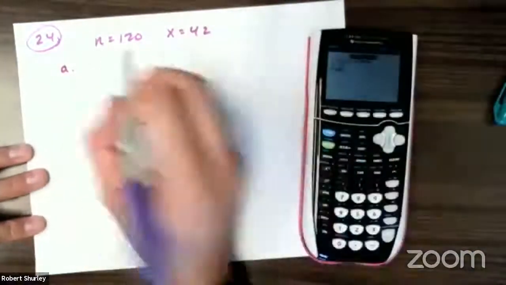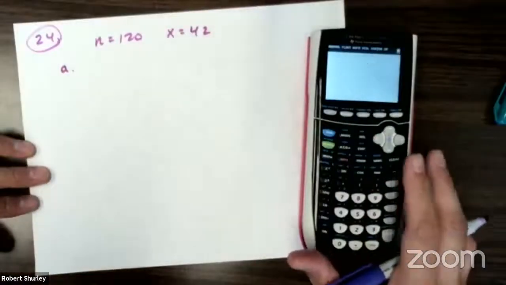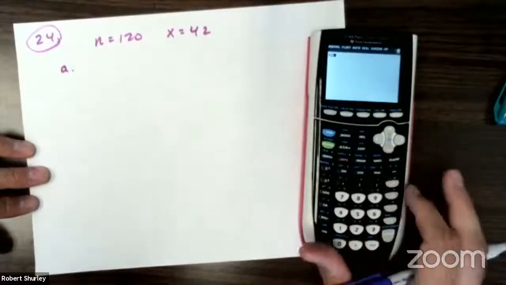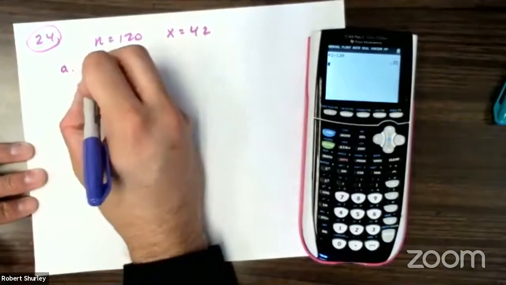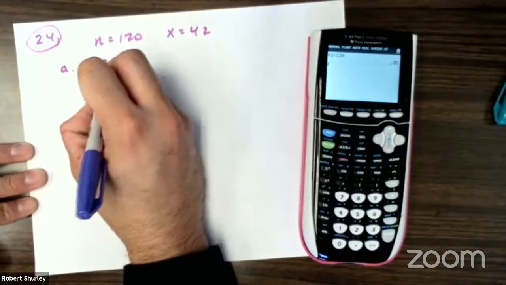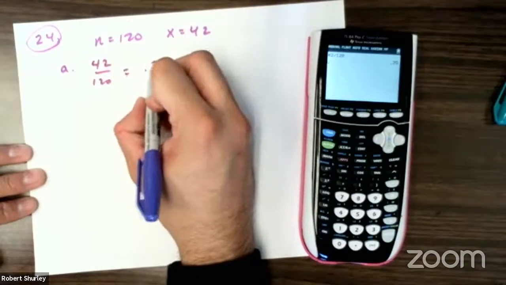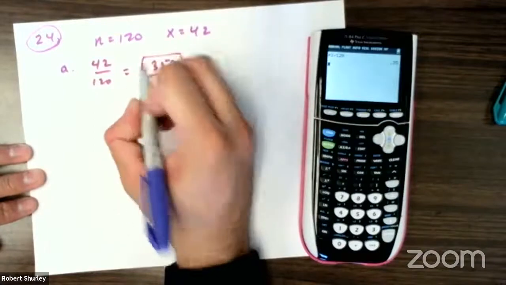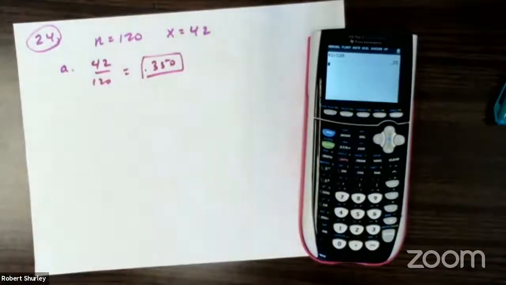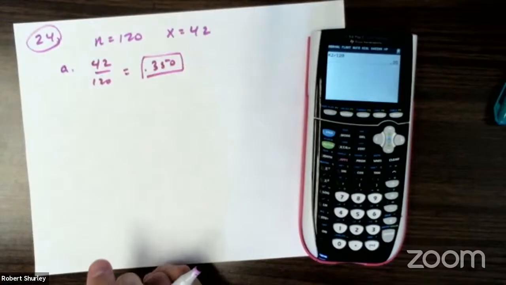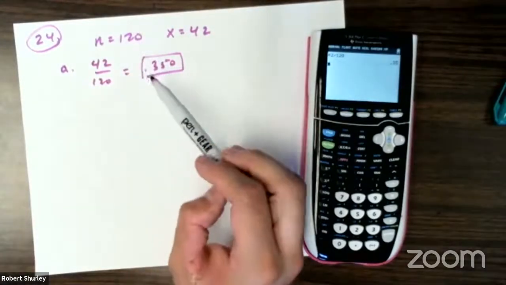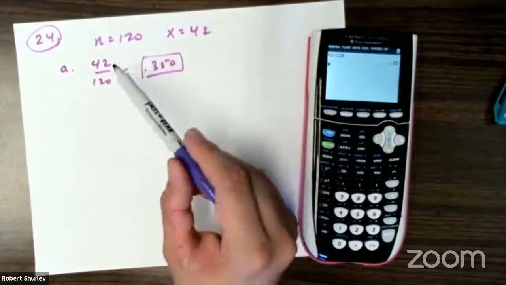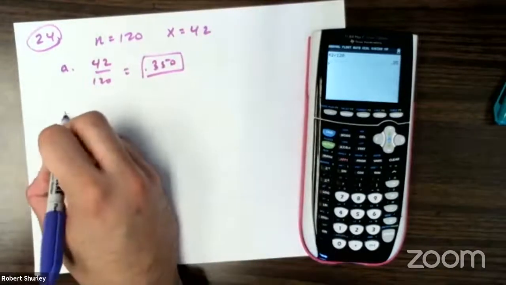Well, you're just going to divide 42 by 120, which would be 0.350. So that would be a point estimate. It doesn't tell us a lot, but 35% of entering freshmen score above a 550.